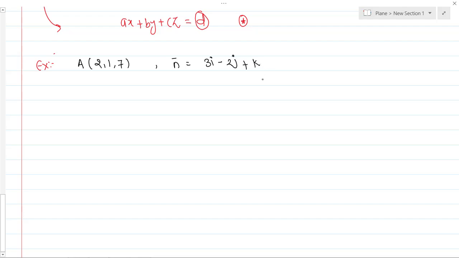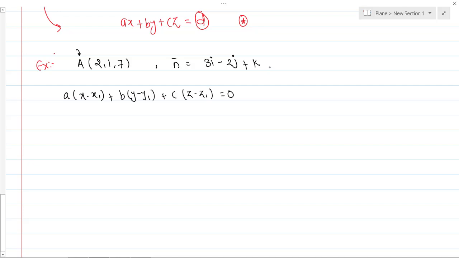This is the point through which your plane is passing, and this n bar is the normal vector to the given plane. So then what will be the equation of the plane? It is very simple. It is A into x minus x1 plus B into y minus y1 plus C into z minus z1, equal to 0.